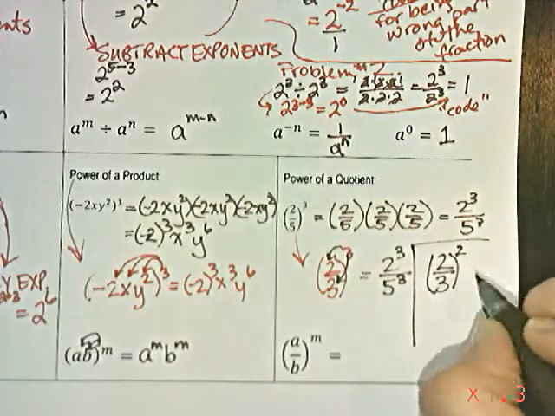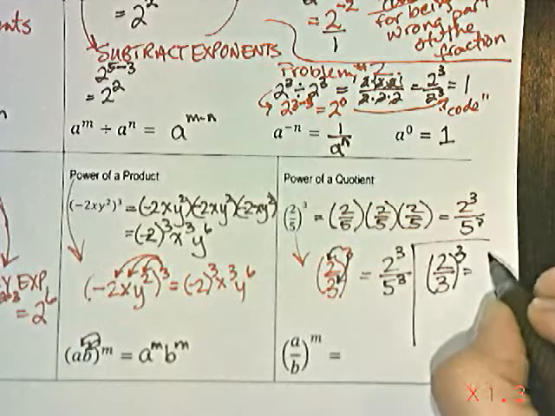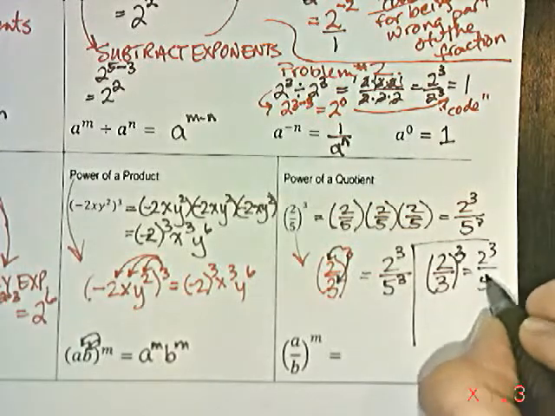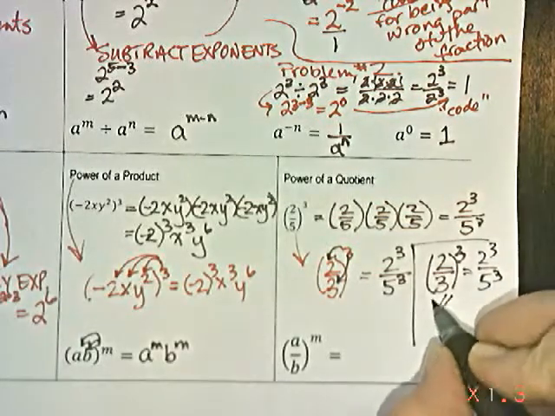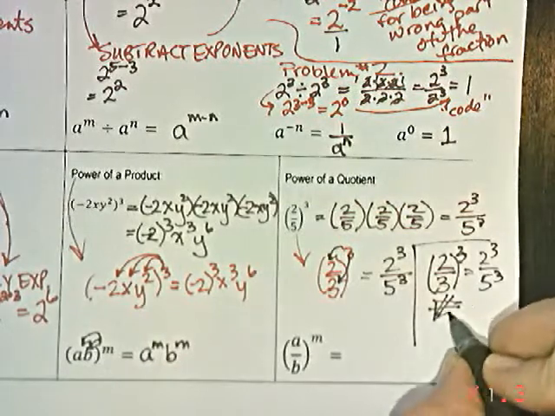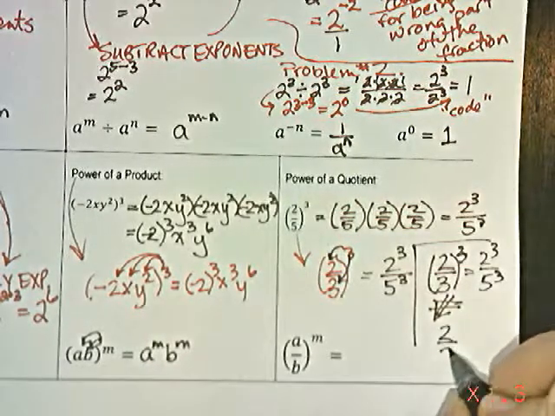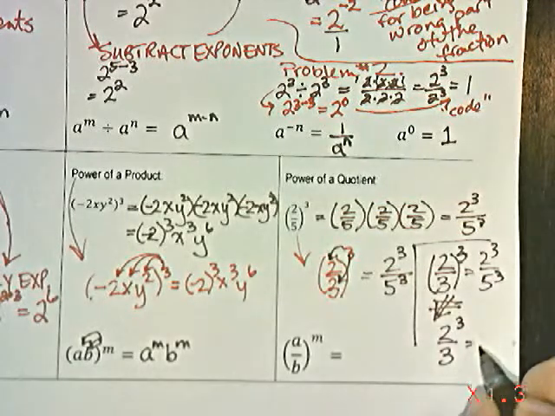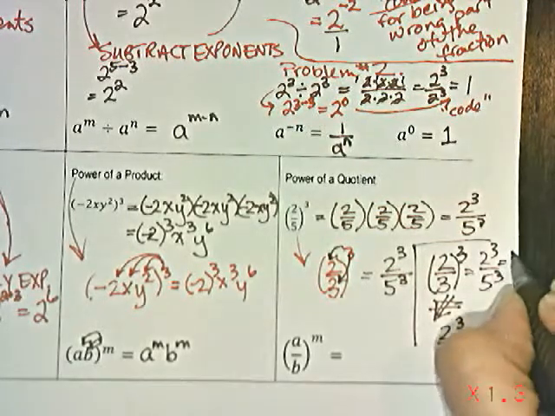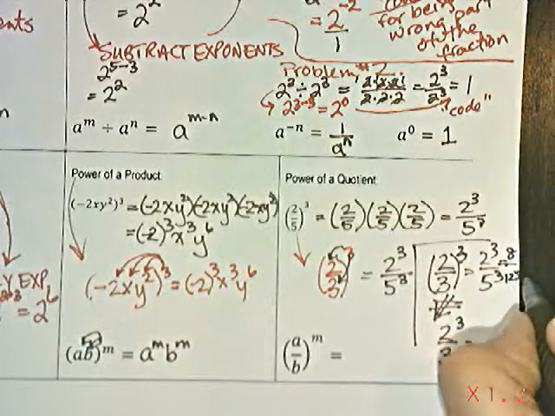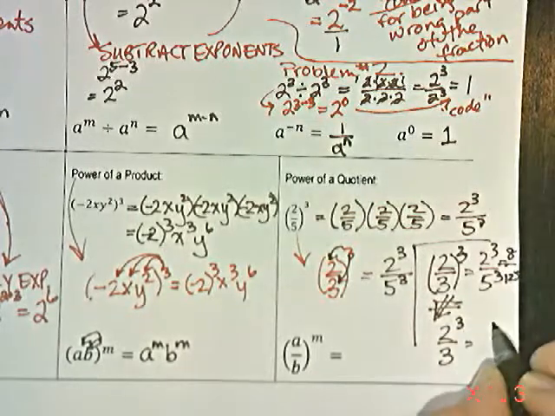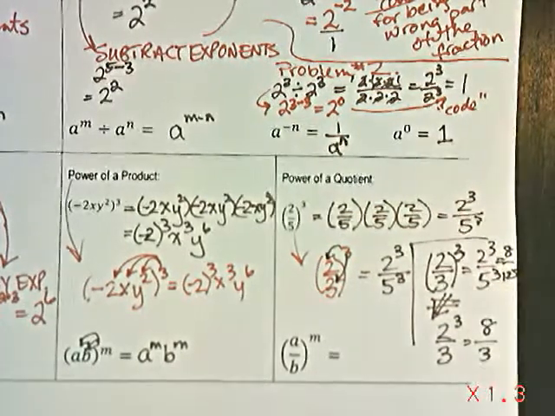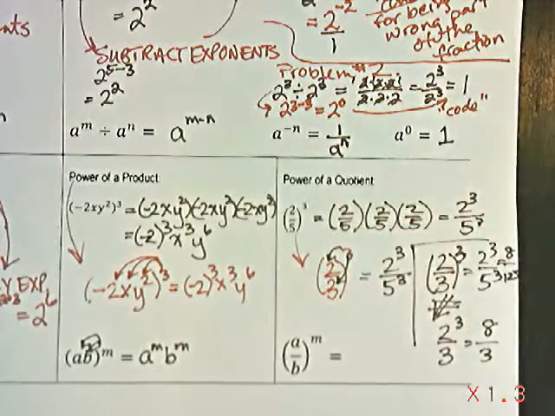This exponent 3 means 2 cubed over 5 cubed. It is not equal to, down here, 2 over 5 cubed. That would just mean I would have, here I would have an 8 over 125. Here I would have 2 cubed, which is 8 over 5. Your brackets very much matter with your power of a quotient.